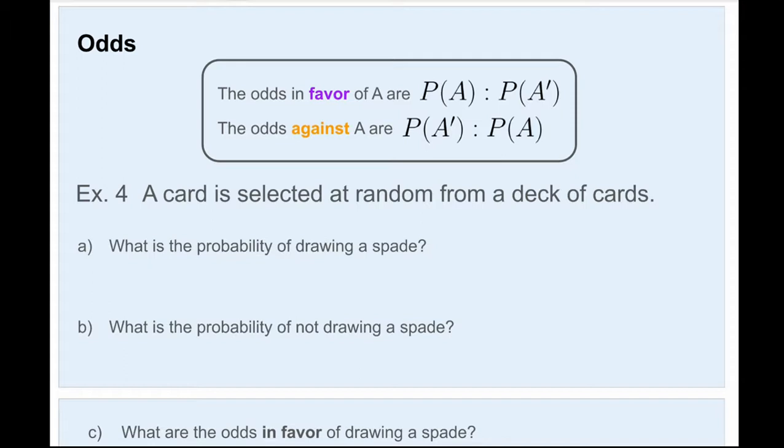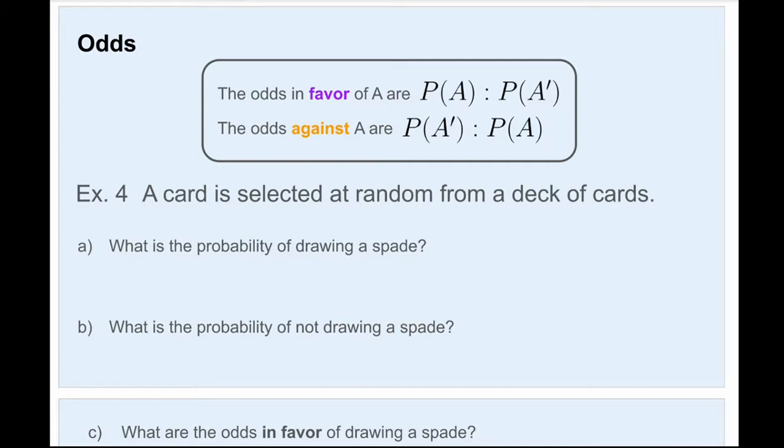Using that same idea, what we're going to look at are the odds. The odds is a term you might see. You might hear the odds of winning something, the odds of getting something, the odds of someone winning, or the odds of an outcome happening.